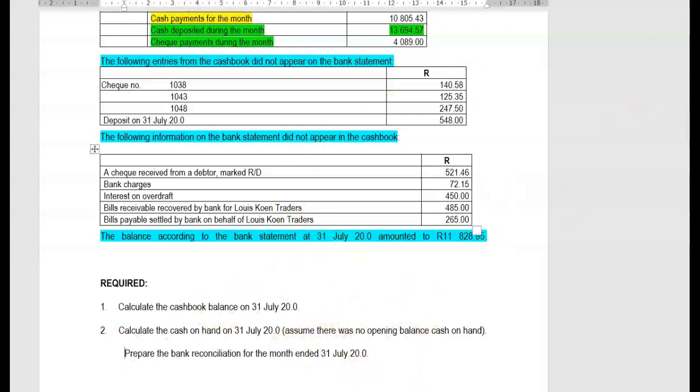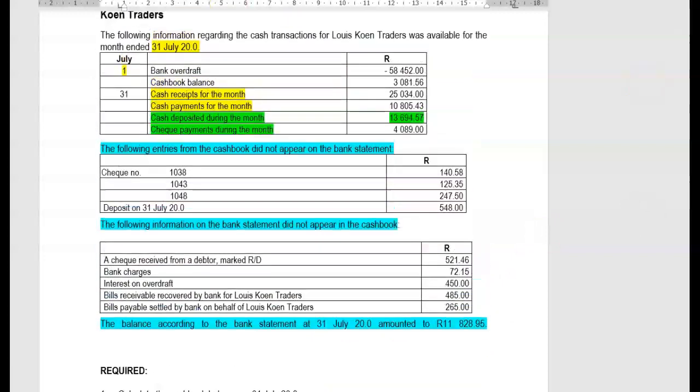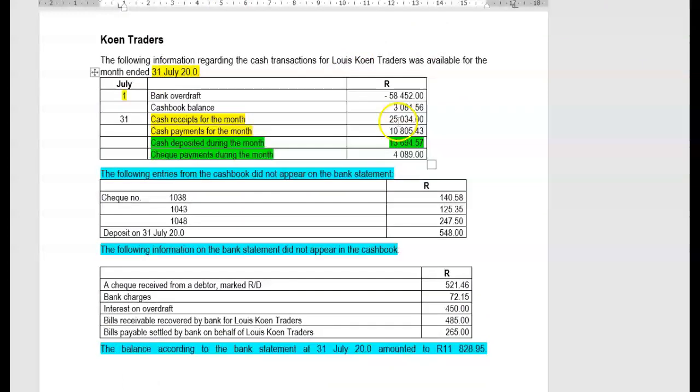Good, let's start then. Let's go and calculate first what was our cash on hand as at 31 July. That is something separate from our cash book balance. Our cash book balance will be our bank account in the ledger. Okay, now they tell you, assume there was no opening balance of cash on hand. So our cash on hand would have been the amounts that we've received in cash, less the amounts that we've paid out in cash, less the amounts that we have deposited for the month in cash.